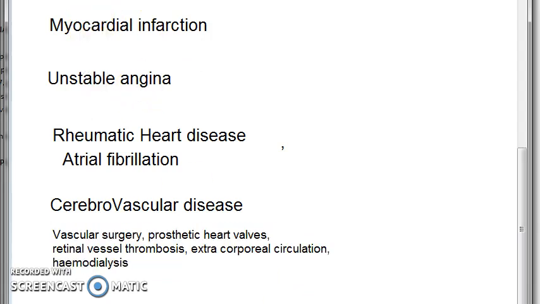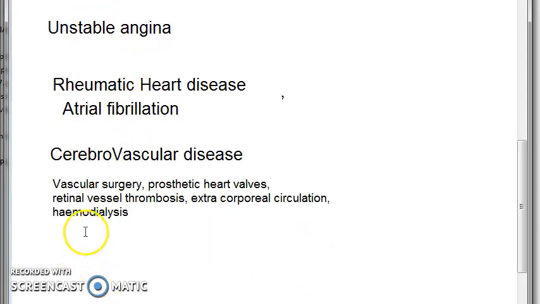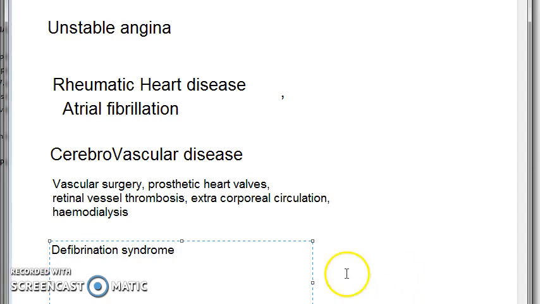Moving on to the last point, defibrination syndrome. This is also called disseminated intravascular coagulation, like abruption of placenta and other obstetric conditions, certain malignancies, infections, etc. What happens in this defibrination syndrome?